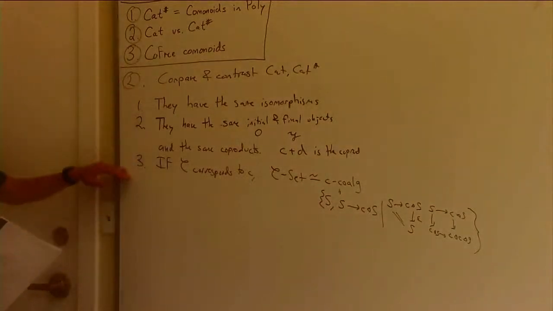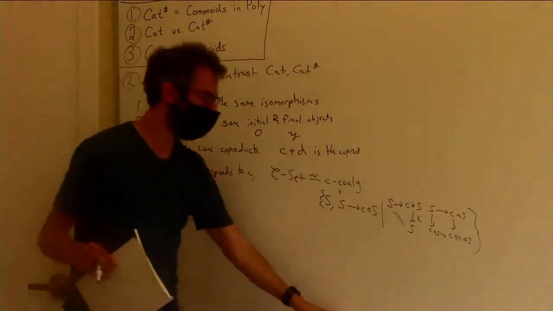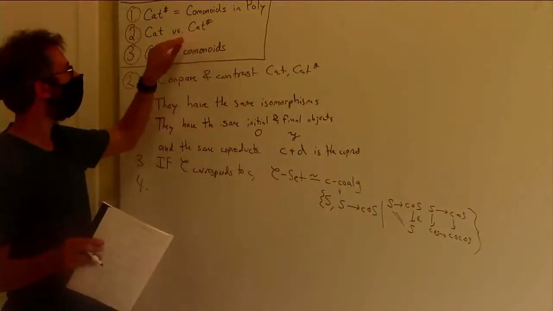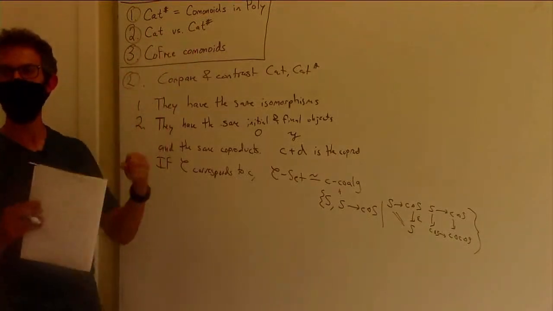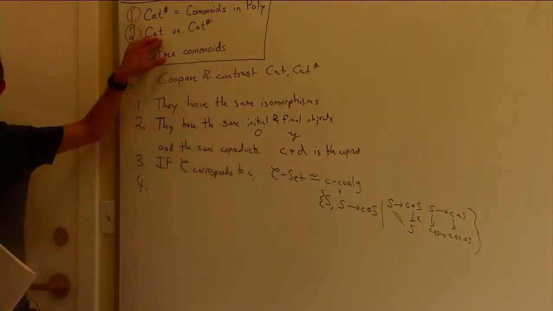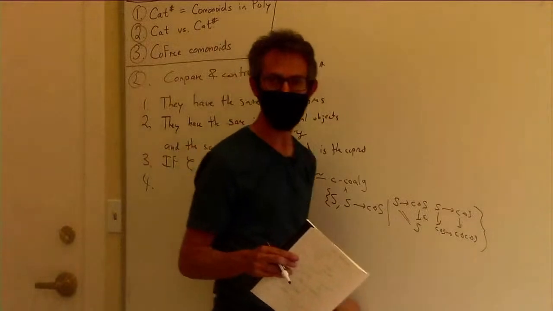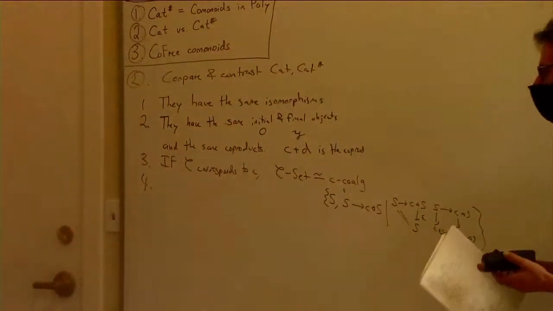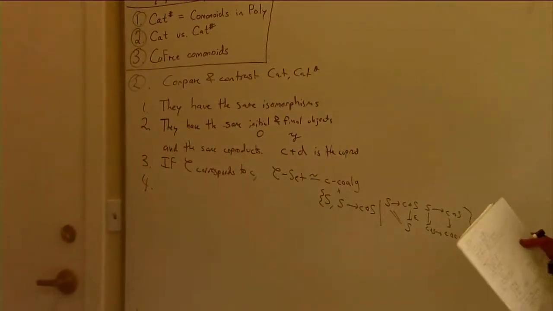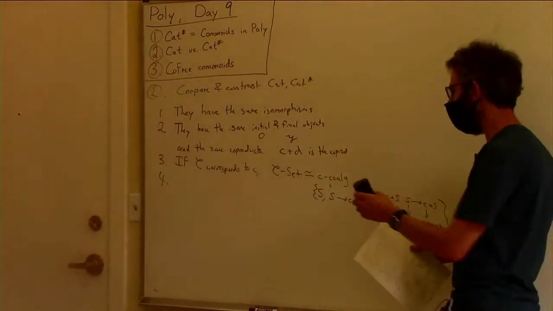But now that we've done the ways in which they're friends, we're going to go into the ways in which they're very different. And if someone asks me what's better, like cat or cat sharp, what category is really the good one? I have to, of course, say cat. I mean, functors are all throughout math, they're the most essential throughout category theory, and therefore basically math, they're the really most interesting thing.